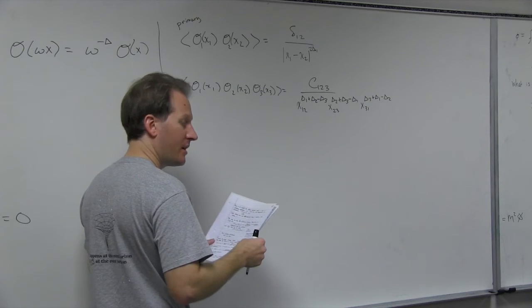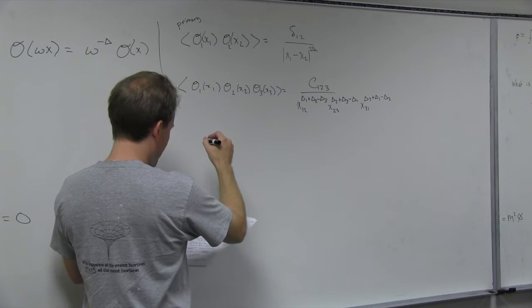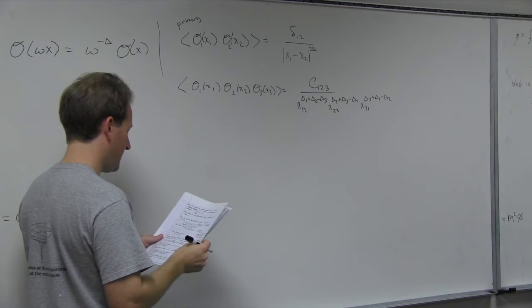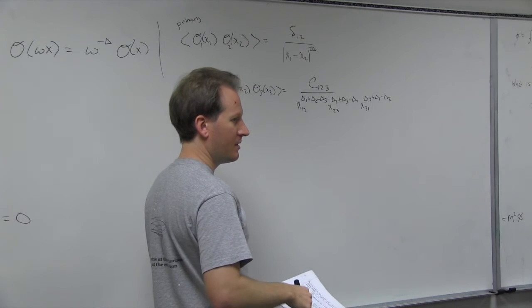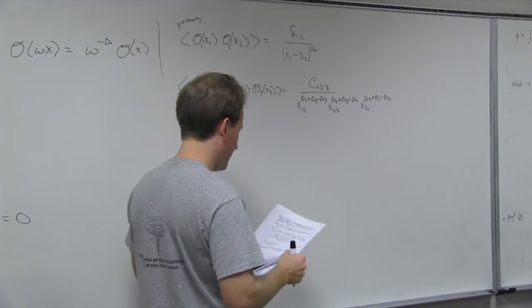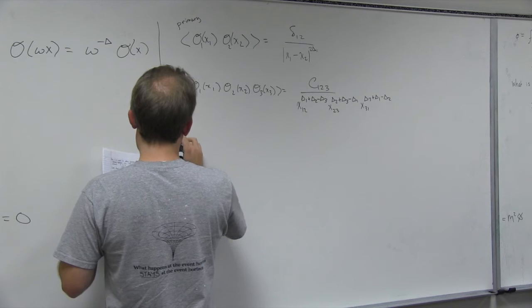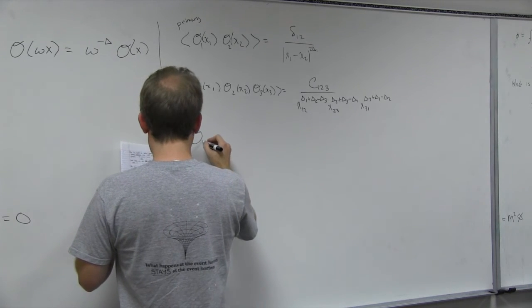The other nice thing that happens for conformal field theories is that the operator product expansion, which does exist in general field theories, although it's usually an asymptotic expansion, it doesn't have nice analytic properties as I understand it, becomes very nice for conformal field theories.